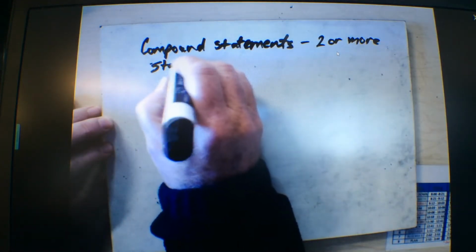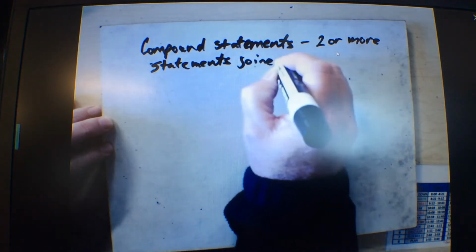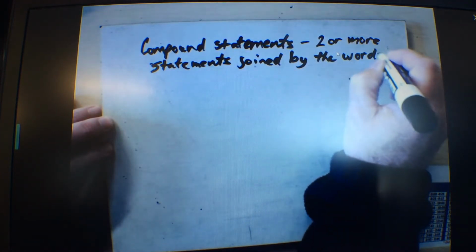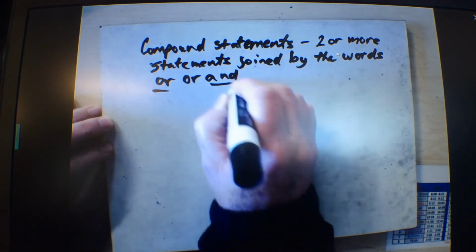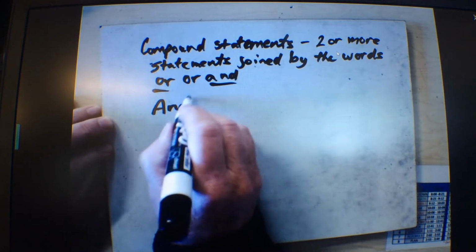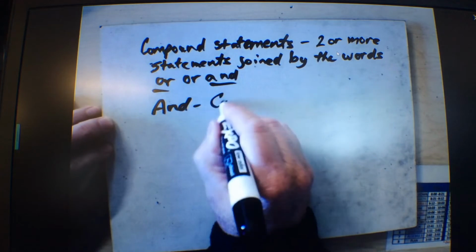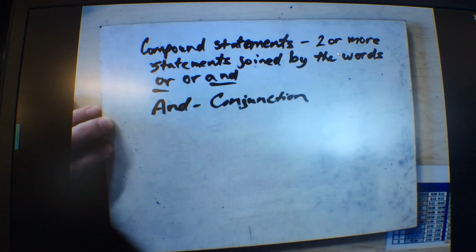Most of the time we use two statements joined by the words and or or. So we're going to begin with the word and. This is called a conjunction.